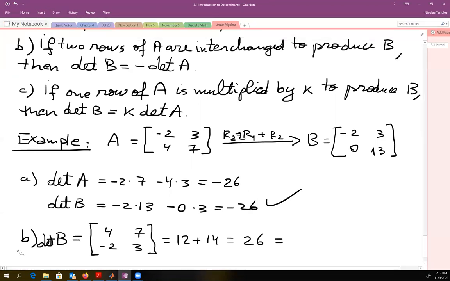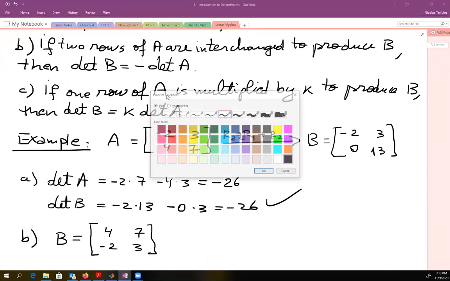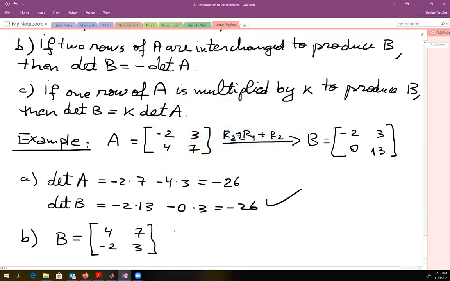And the determinant of B is 4 times 3, which is 12, plus 14, which is 26, which is exactly negative the determinant of A. It's exactly what we have here, right?